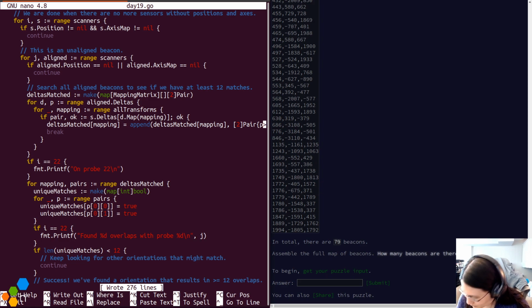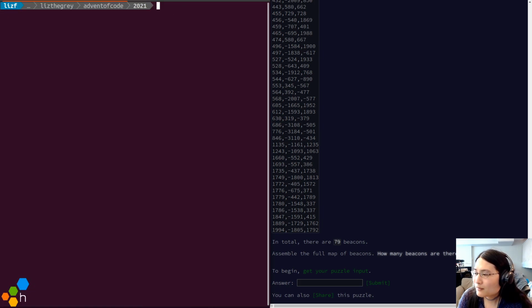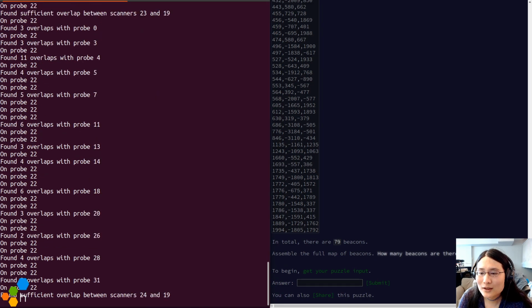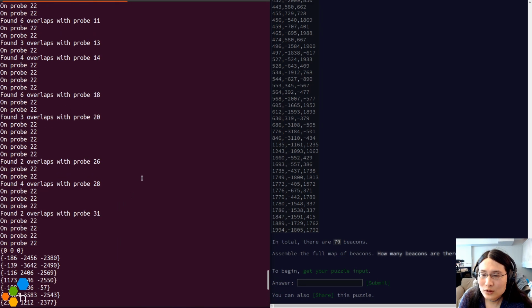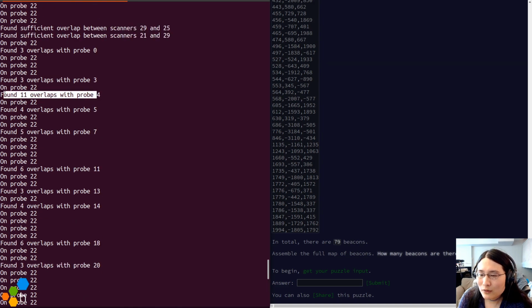Looks like we are getting more structure attack notifications, but that is fine. Length of matches. Okay, let's try this. I am so close now. I can taste it. Found 6 overlaps. Oh, 11 overlaps.